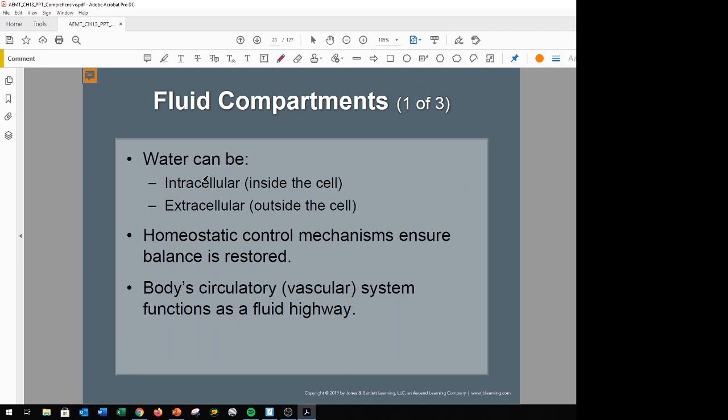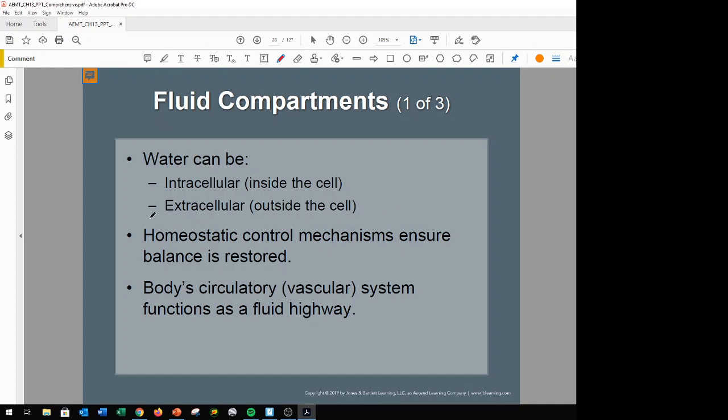All right, fluid compartments. It gets kind of confusing when we talk about this. It doesn't have to be. I'll try to keep it simple, but even I find myself getting confused sometimes because I think too much into it. So water can be what? It can be intracellular, inside the cell, like I just showed you, or extracellular, outside the cell.